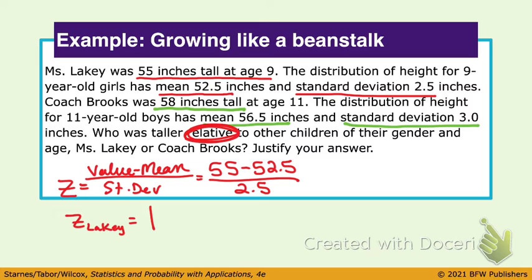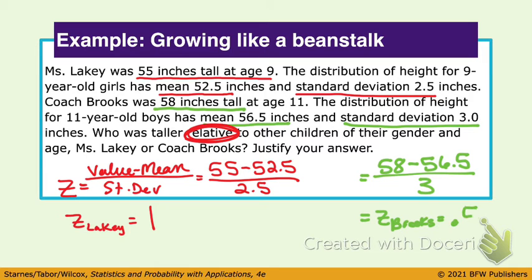For Coach Brooks, we're going to take his value of 58, subtract the mean of 56.5. Now we can already see Coach Brooks was also taller than average, but we're going to divide by his standard deviation of 3. And this is going to give us Coach Brooks' z-score. So the z-score for Coach Brooks is 0.5.